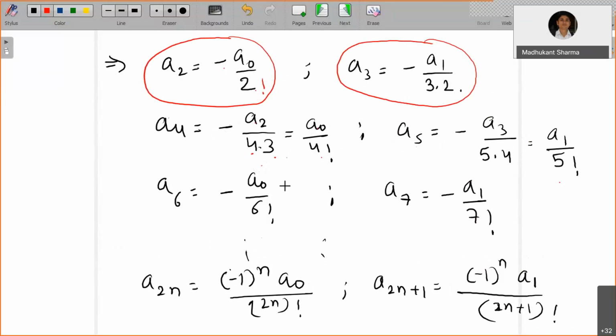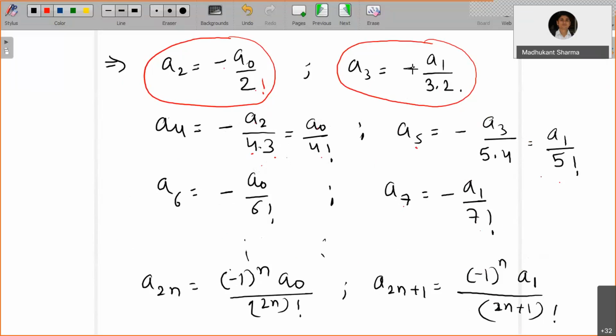So what you will have: the odd suffixes 3, 5, 7 and so on are in terms of a1, and the even suffixes are in terms of a0. And you have the pattern here. With a3 you have 3 factorial, with a5 you have 5 factorial, with a7 you have 7 factorial, and a2n plus 1 will have 2n plus 1 factorial. Similarly for the even suffixes.